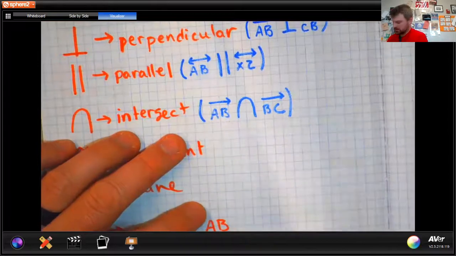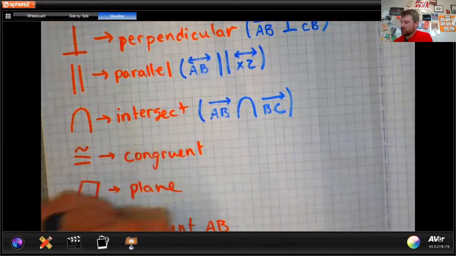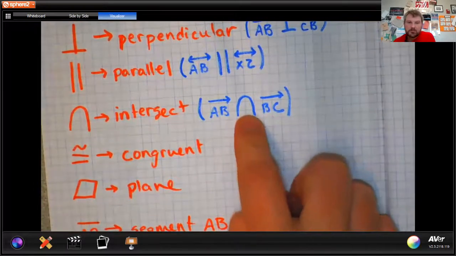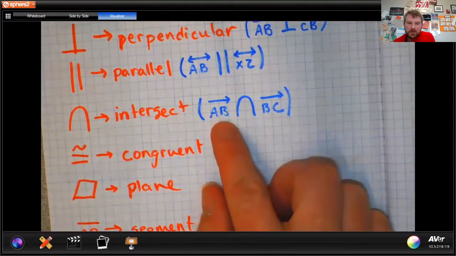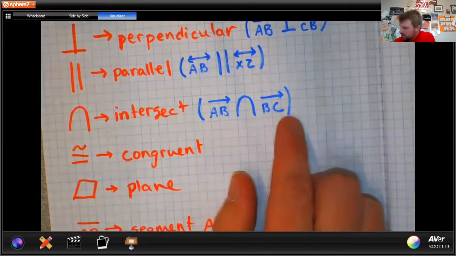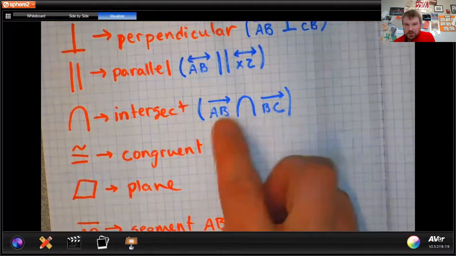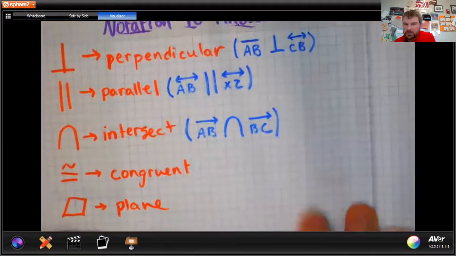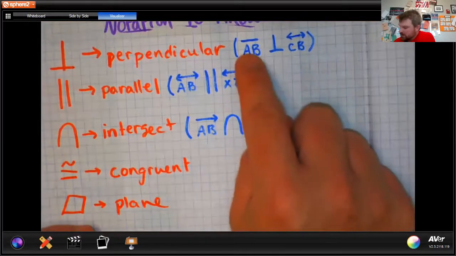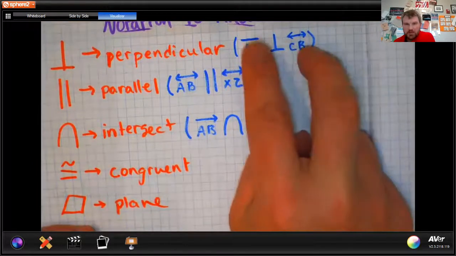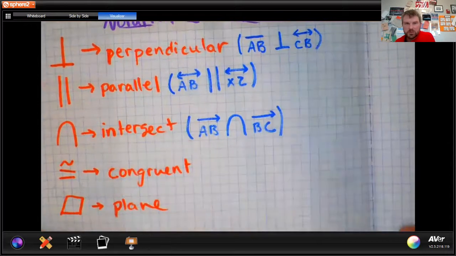Hopefully you can see where this intersection happens. Notice that they both share B, so they actually intersect at point B. Same thing here: AB, CB. They both have a B in it, so that's where they will be intersecting.